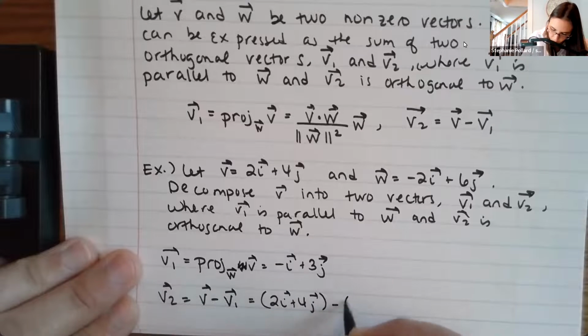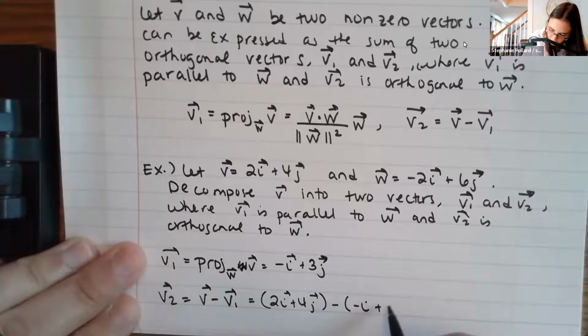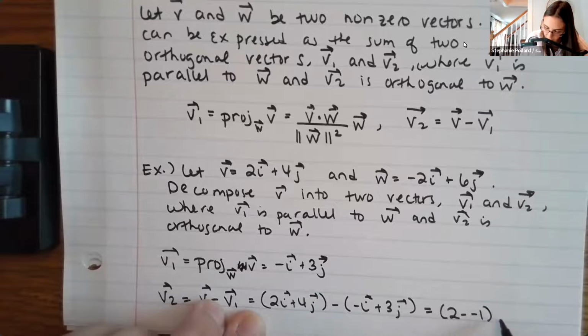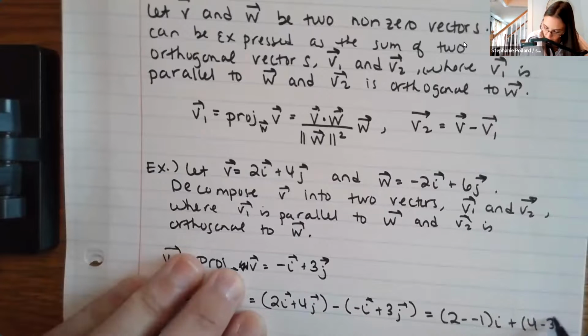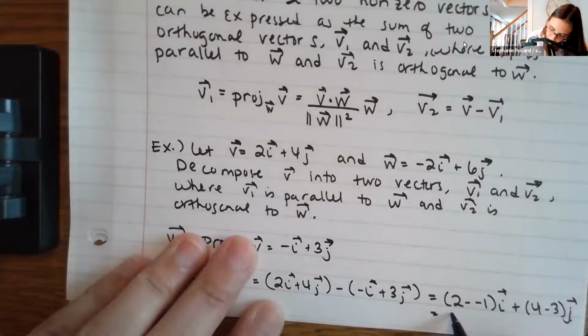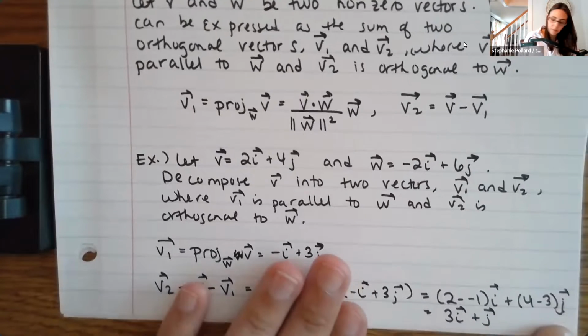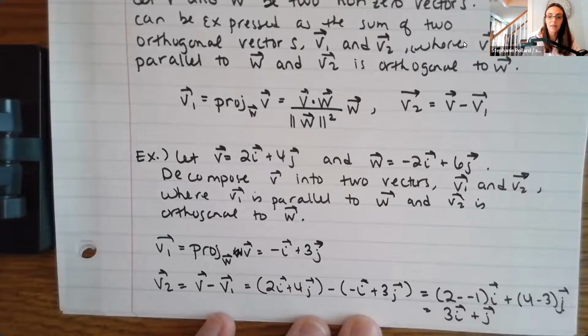I'm going to subtract v1, which is negative i plus 3j. I have 2 minus negative 1 for the i, and then 4 minus 3 for the j. So I have 3i plus 1j. And that would be my second vector.